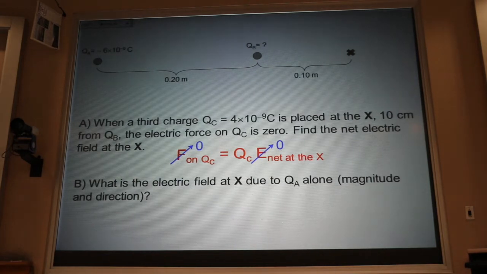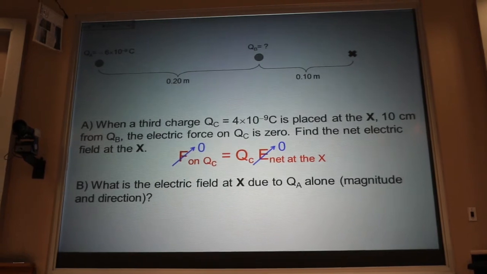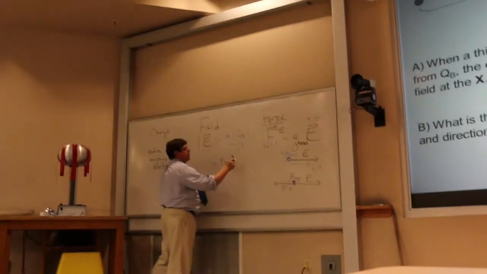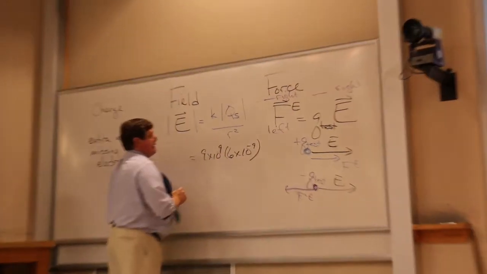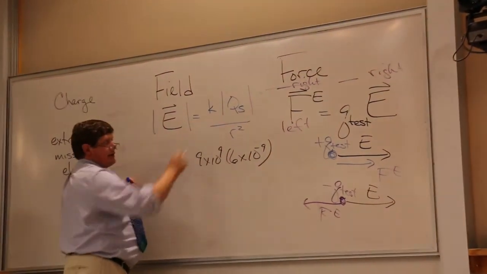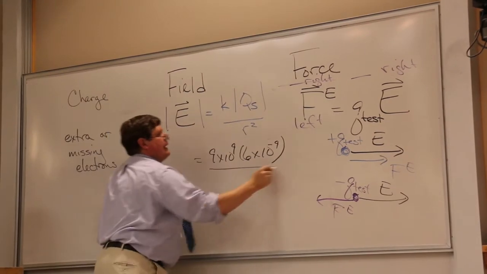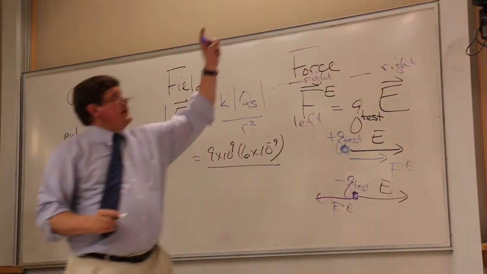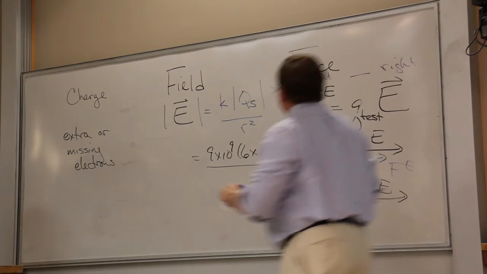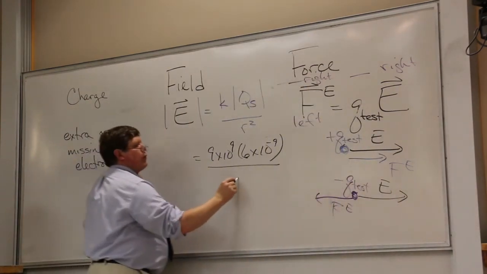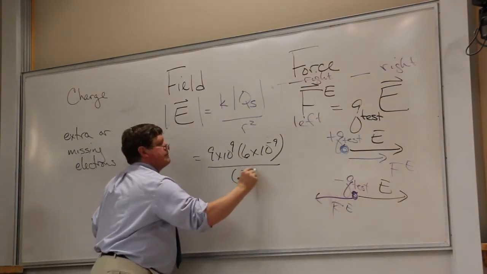Now, the magnitude, I can get the magnitude just from this formula here. 9 times 10 to the 9. I'm going to put 6 times 10 to the minus 9. And notice I didn't put a minus sign in there because I'm taking the absolute value. And the distance is from the source all the way over to the X. So if that's 20 centimeters and that's 10 centimeters, this would be 30 centimeters or 0.3 meters.